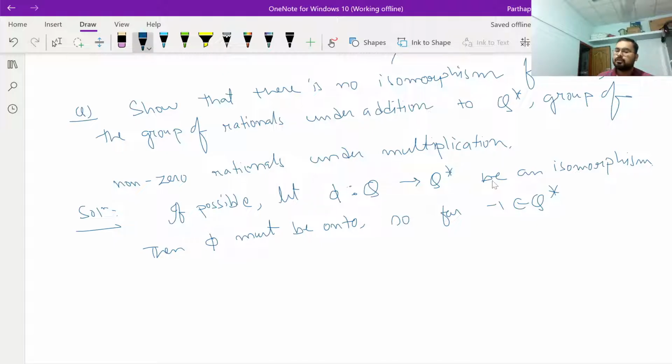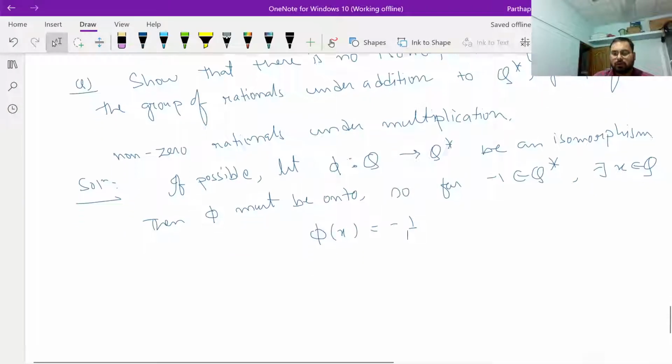Since phi is onto, there exists some x in Q such that phi of x should be -1, isn't it? -1 is in Q star and phi is onto, so there must be an x in the set Q such that phi of x is -1, by the onto-ness property of phi.